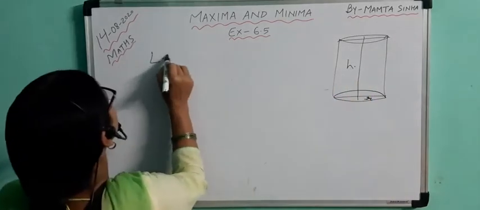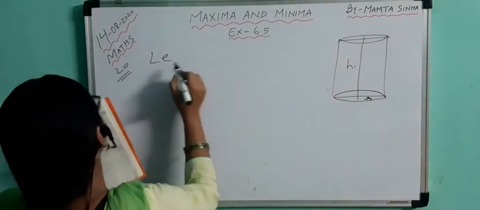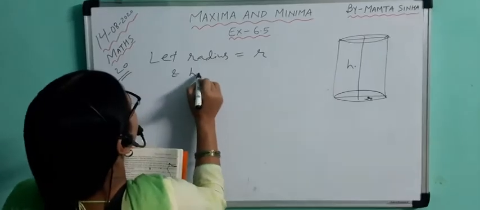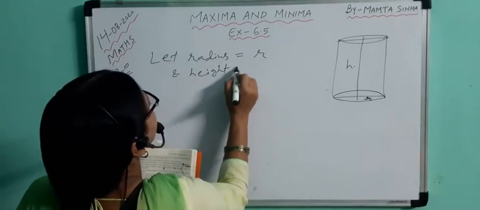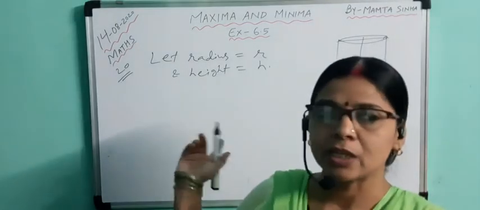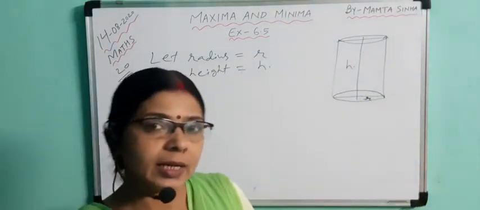Let radius be r and height be h. Now, given surface area means the surface area of this right circular cylinder is given.